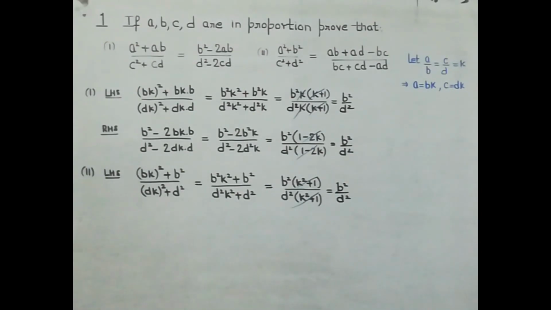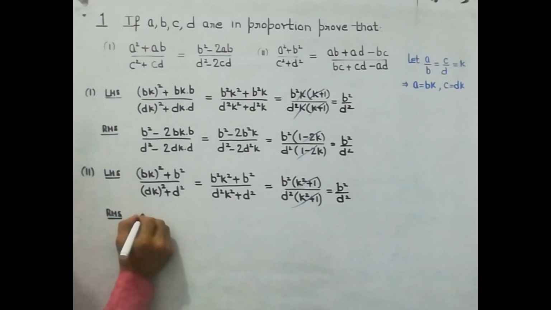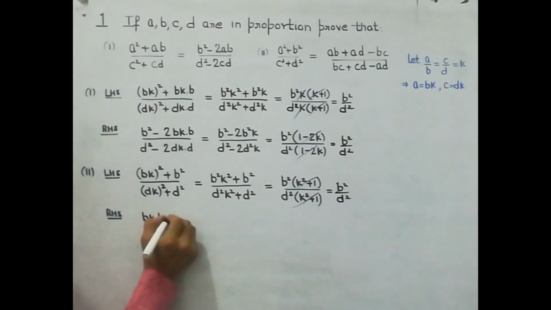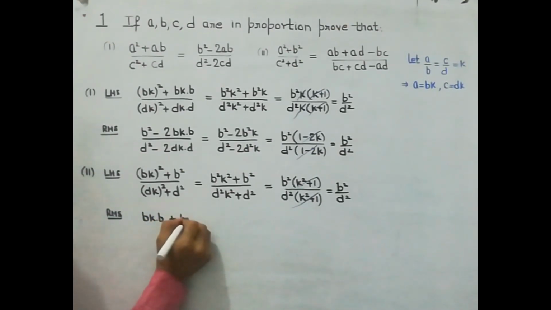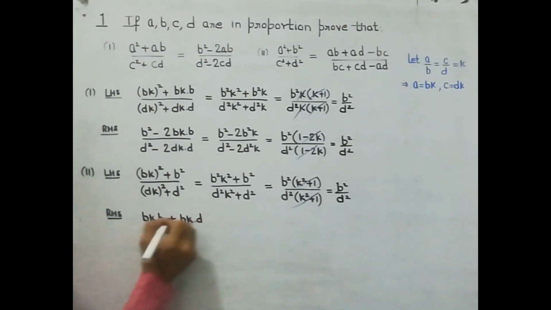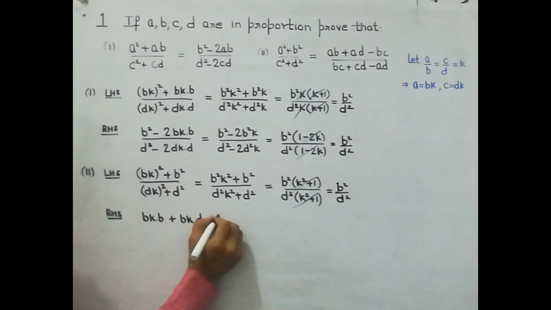Now let us try for the right side. Let's do the substitution. First of all we have to replace A. A will be replaced by BK, and then into B plus BK into D, and then minus B, C will be replaced by DK.